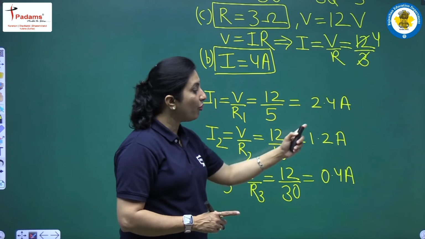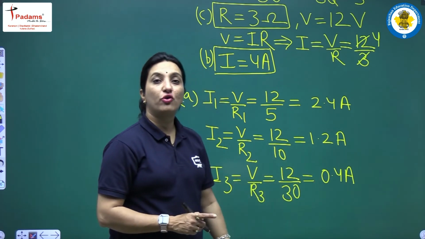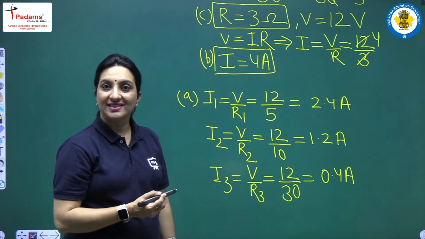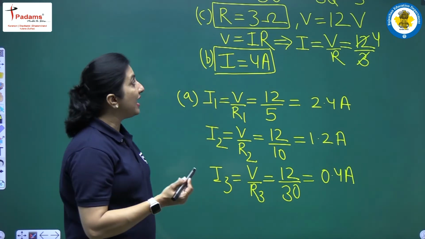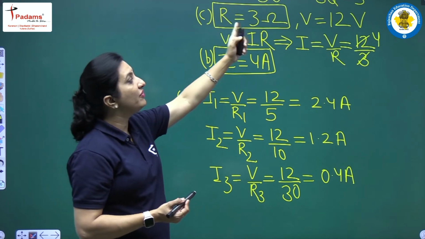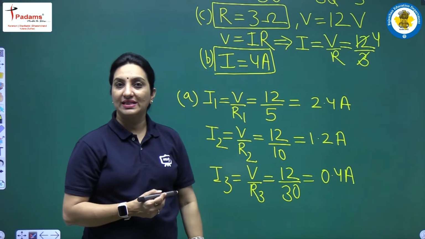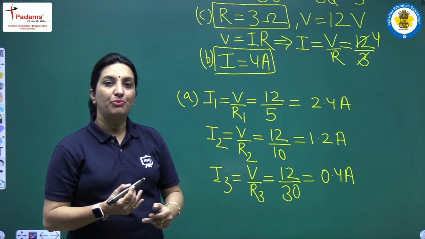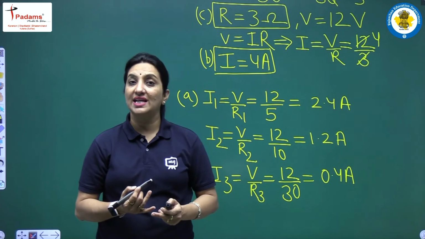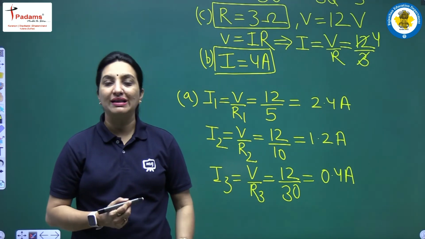If I add 2.4, 1.2 and 0.4, again I am going to have I equal to 4 amperes. Then I could calculate part C, the equivalent resistance, as I calculated it. So you can do the numerical problem as you wish. I have shown you both ways so that you can understand how to solve a numerical problem.